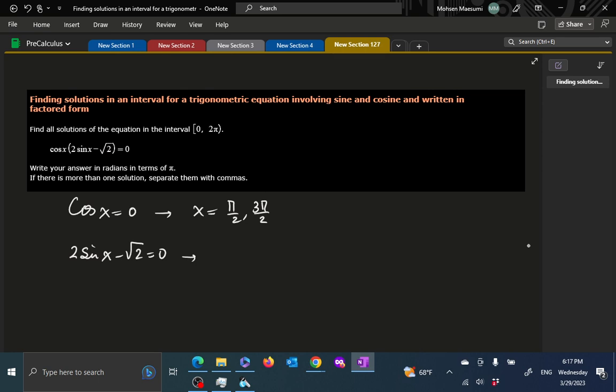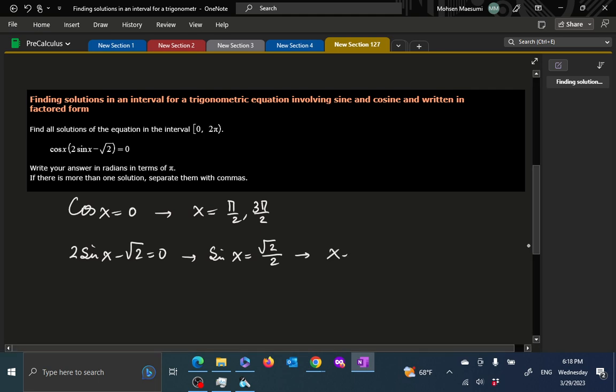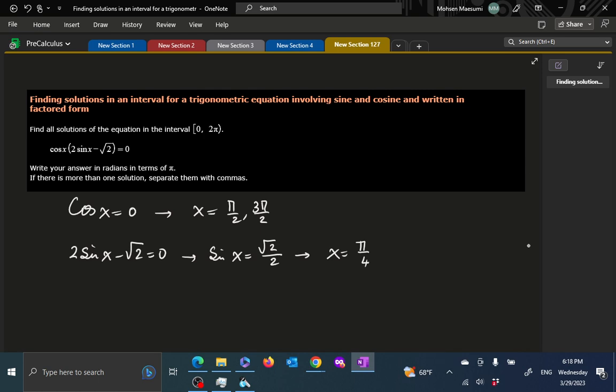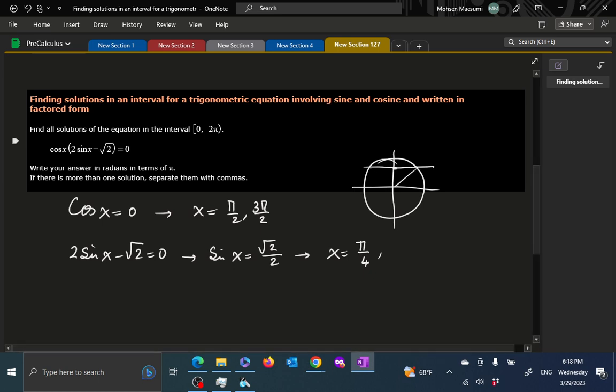This one says sine of x is equal to radical 2 over 2, and by now you should know the answer in a second. What's the answer? X is pi over 4, and the other one, just to quickly remind you, radical 2 over 2: you draw this line, connect.